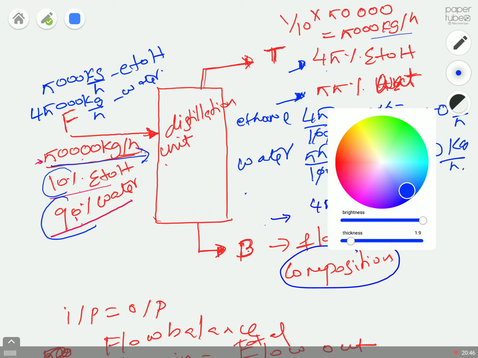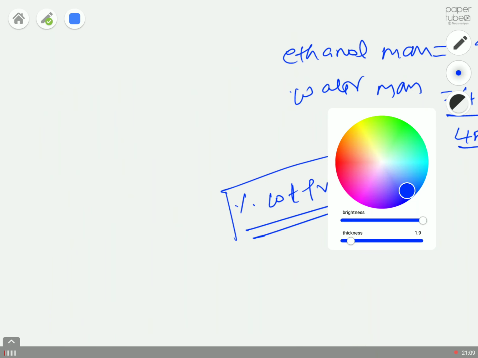So now we know in the bottom the flow rate is 45,000 kilograms per hour. I asked you for the percentage of ethanol and percentage of water. We already know the kilograms, so we need to convert it into percentage of ethanol and water. How to do that?